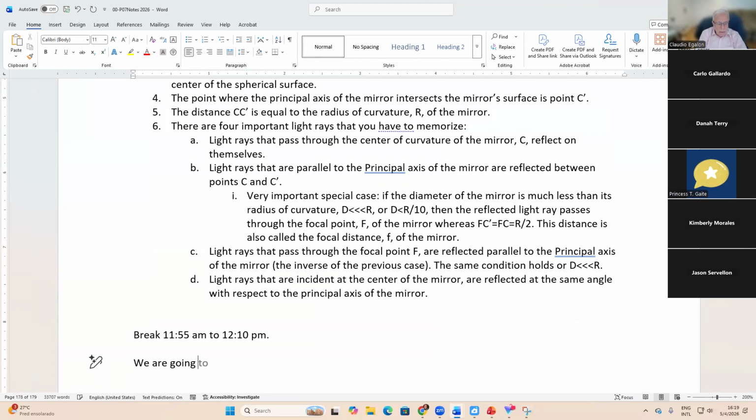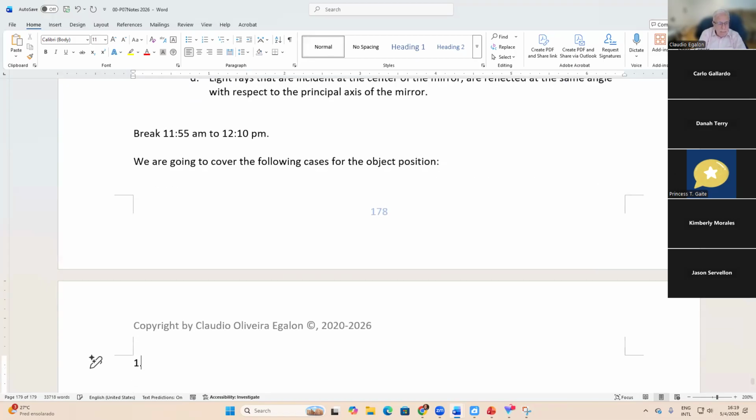We are going to cover the following cases for the object position. Actually, let's put another one instead.